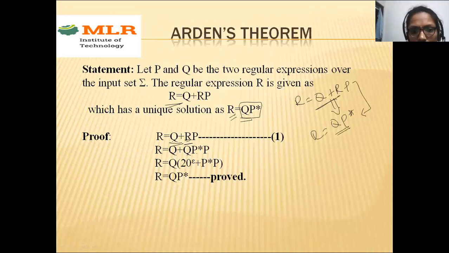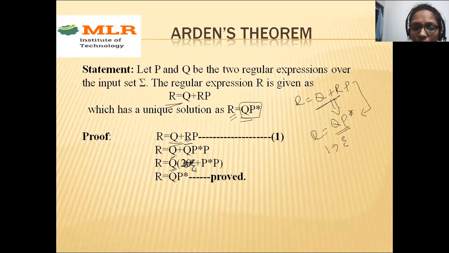I'm taking Q common. So what I'll get here in place of this is just epsilon. In the previous session I told you that instead of one, what we are taking here is epsilon. If I take Q common, I should get one, but here we don't have any significance for one.